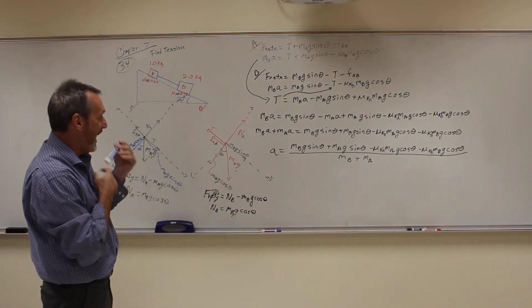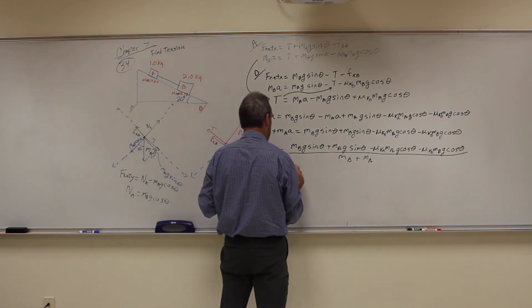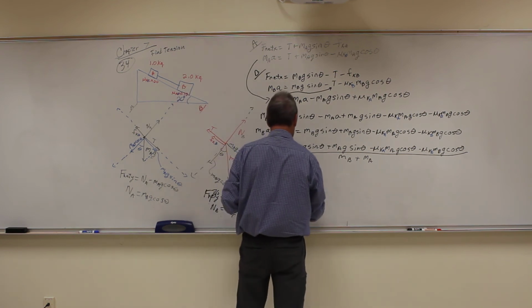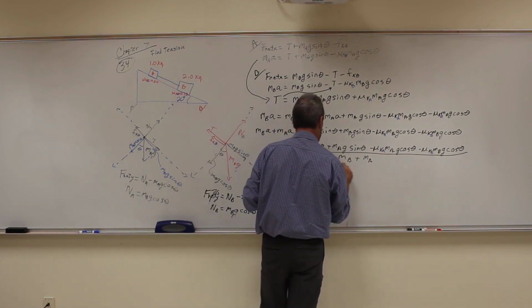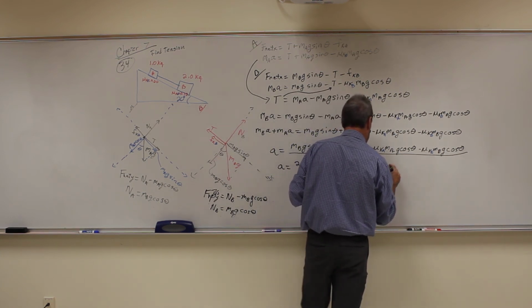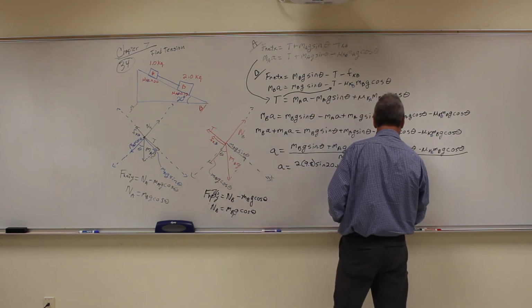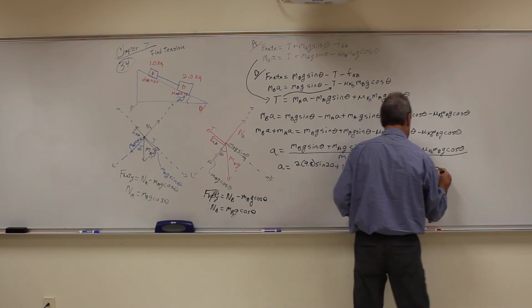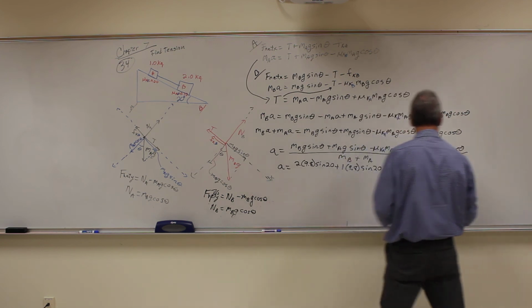All right, now I have all those numbers though, so I can just plug all this in to figure out what the value is. m_B is 2, so this is 2 times 9.8 times the sine of 20 plus 1 times 9.8 times the sine of 20 minus, and the first one is 0.2 times 1 times 9.8 times the cosine of 20 minus 0.1.